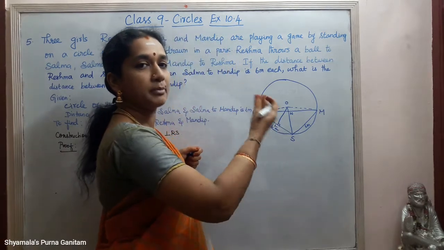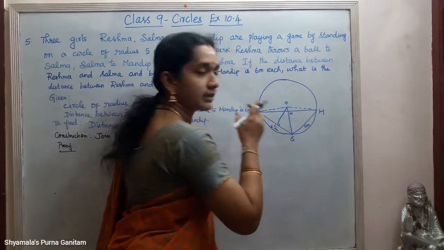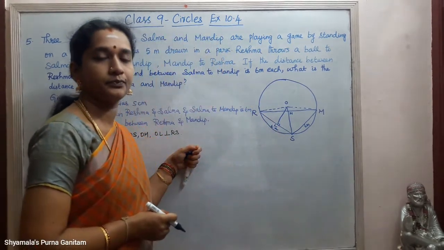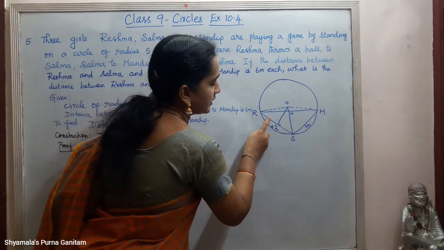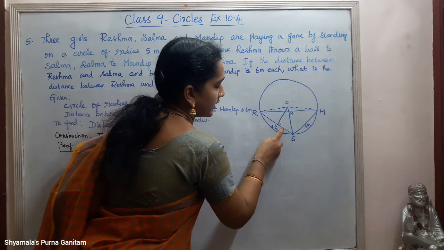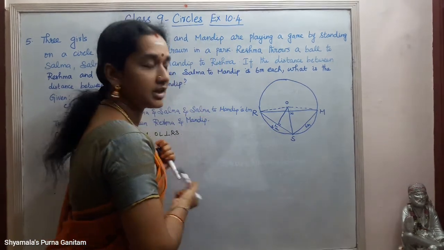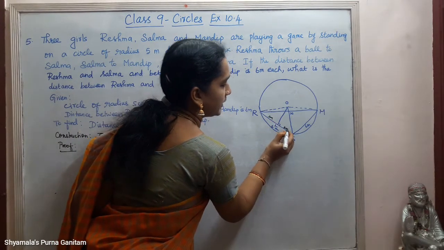We are drawing a perpendicular line from the center to the chord, so it will bisect the chord. So RL is equal to SL. RS is given as 6 meter, so since it is bisecting, RL and SL will each be 3 meter.